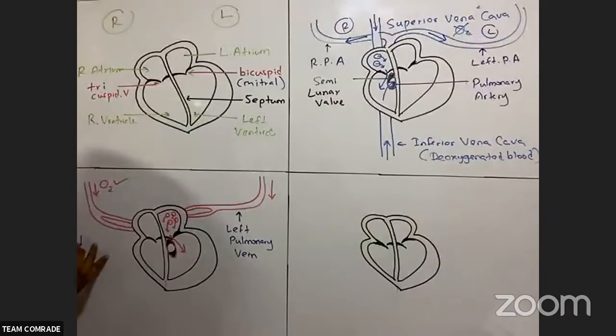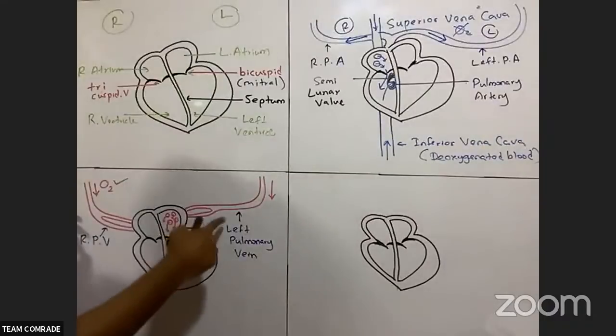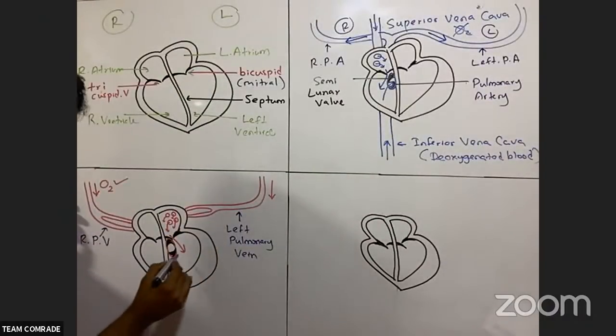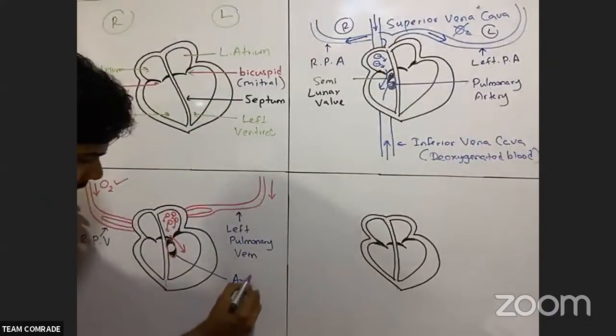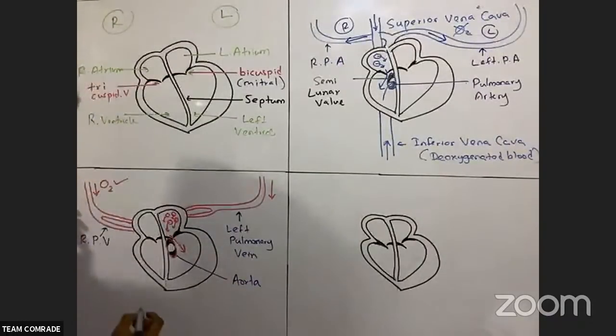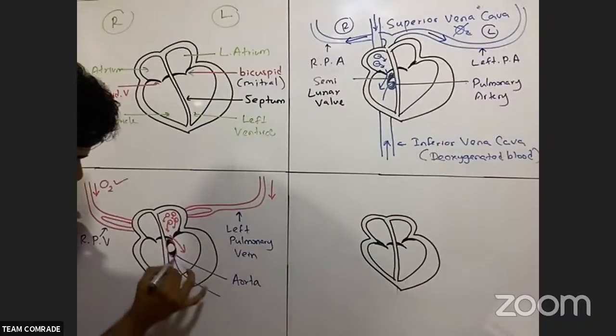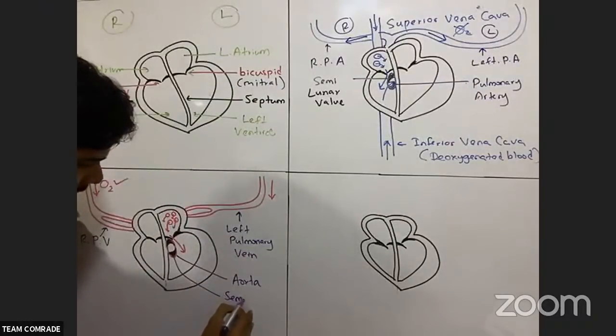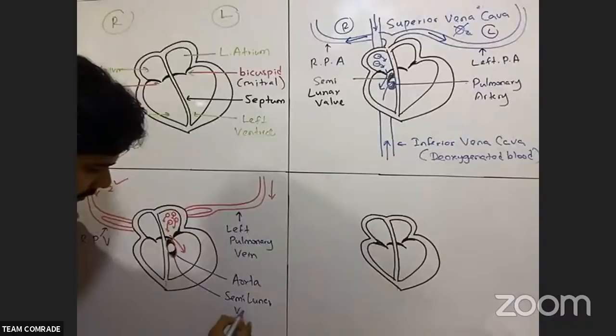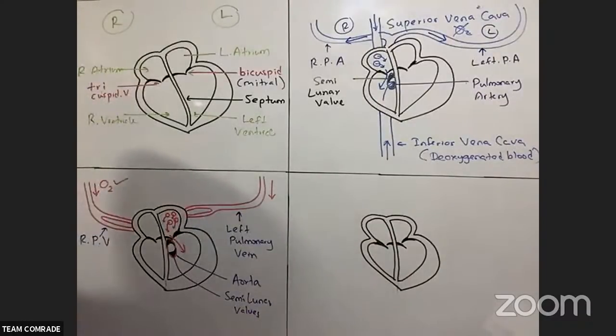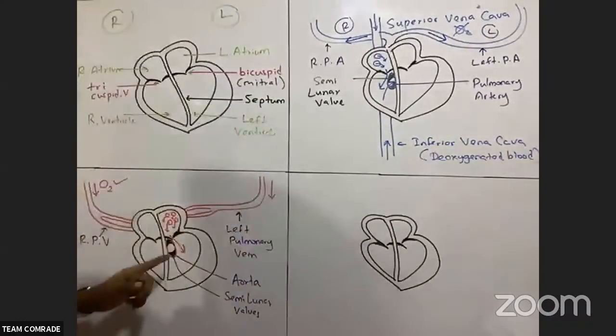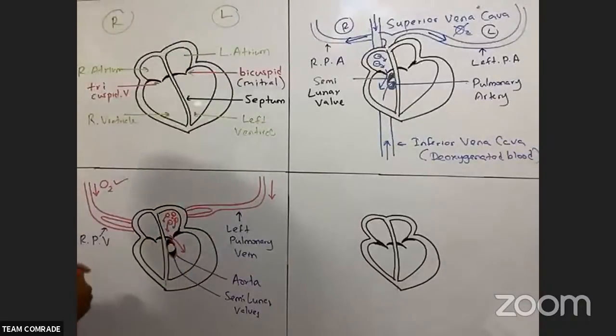And then this is the right pulmonary veins, right? Vein and veins both, right? Then this is what we call the aorta or aortic opening, right? And here we have semilunar valves. Semilunar valves.